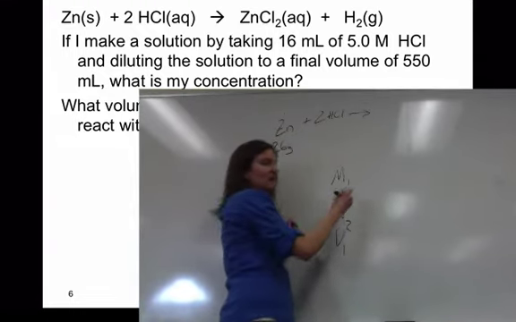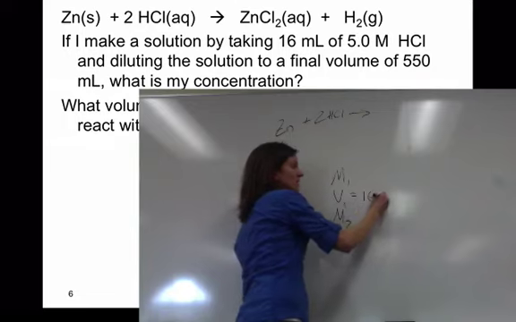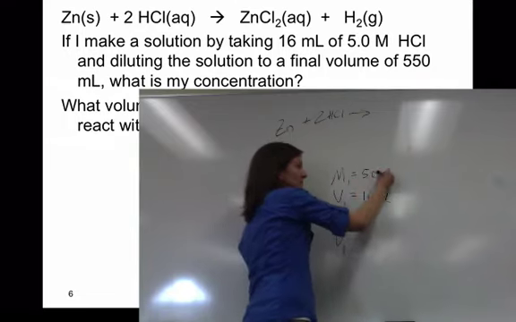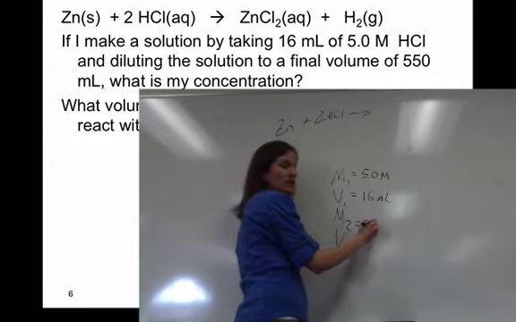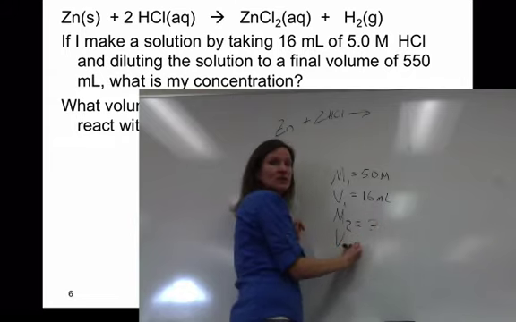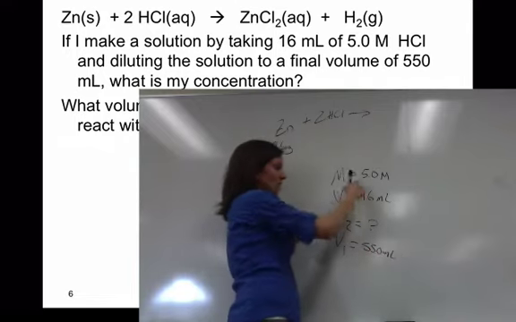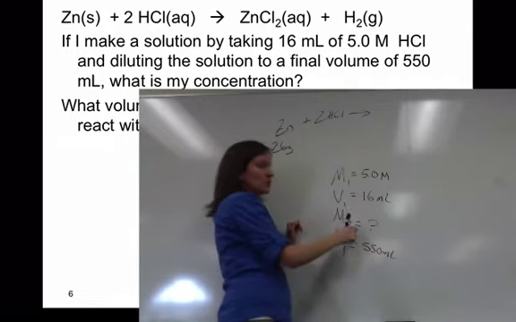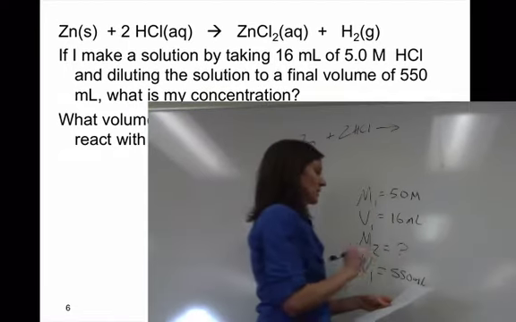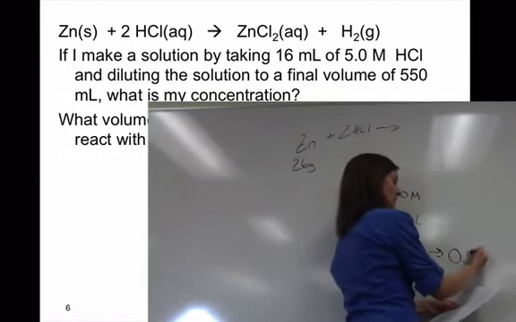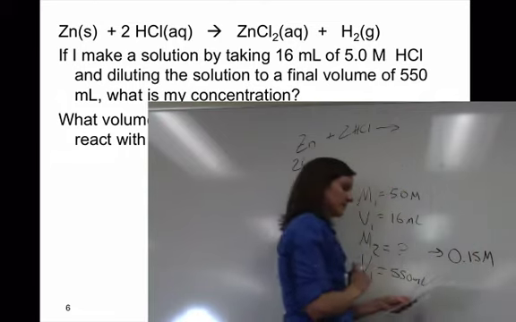I've got 16 mL of my concentrated solution, and the question is, what is my new concentration if I dilute that to a volume of 550? So M1V1 equals M2V2. Solve for M2, and you'll get a concentration of 0.15 M.